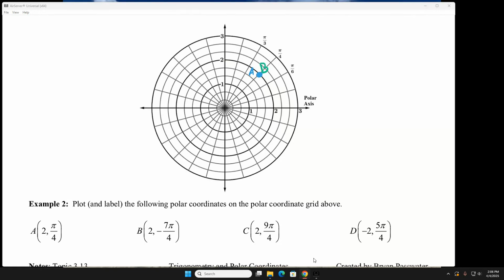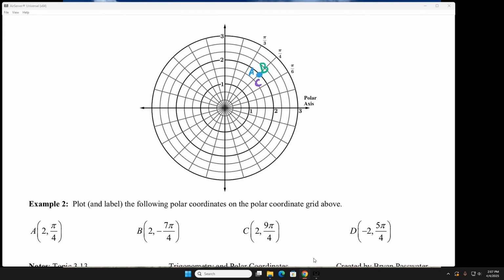For C, we are still at 2, and we're going to rotate 9 pi over 4. A full rotation is 2 pi, so 2 pi would be 8 pi over 4, and then we need to rotate another pi over 4, so it's also going to take us back to that same exact point.